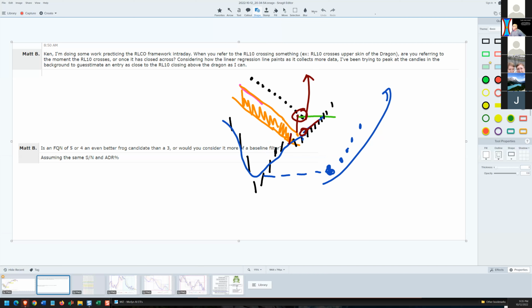So one of the things we've decided to do is accept that as long as you're getting an entry around this location, you have a nice buffer in either the bottom of the dragon or the bottom of the RL10, and you can go ahead and take this entry when price goes through it. Price goes through it in a great big spike, and we just take it.